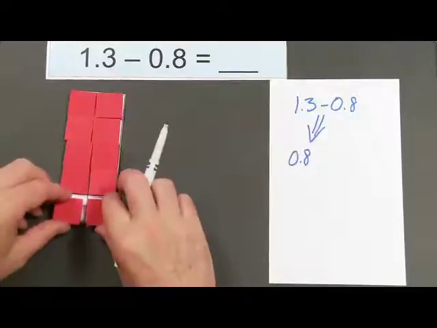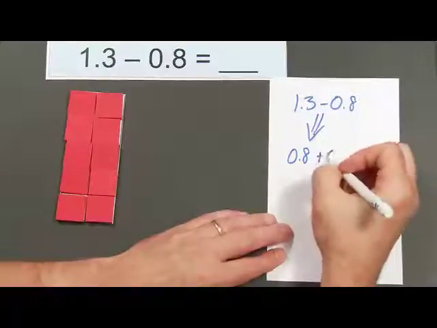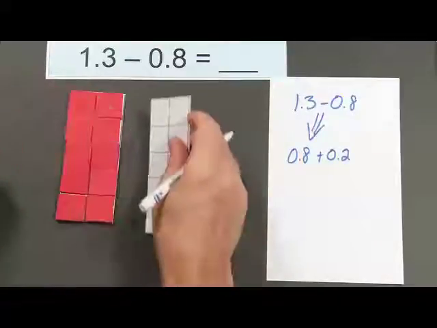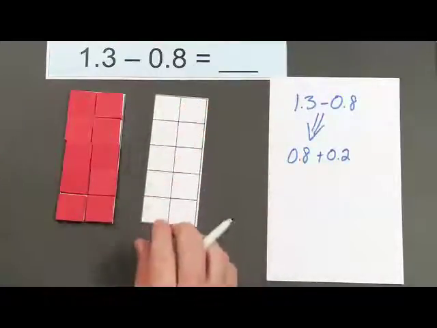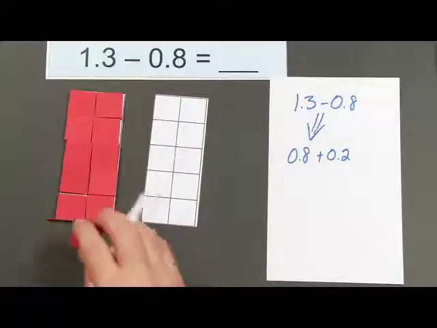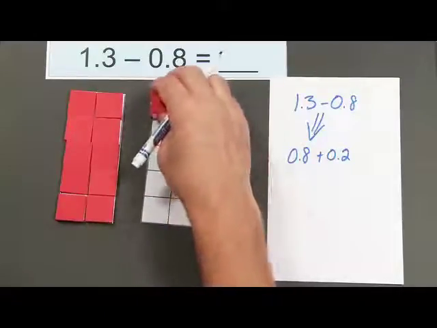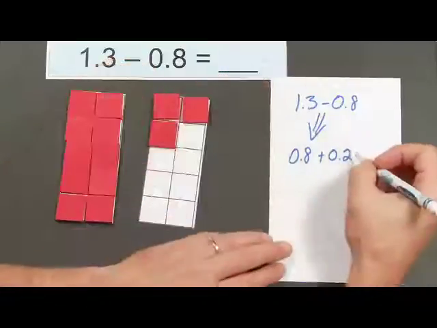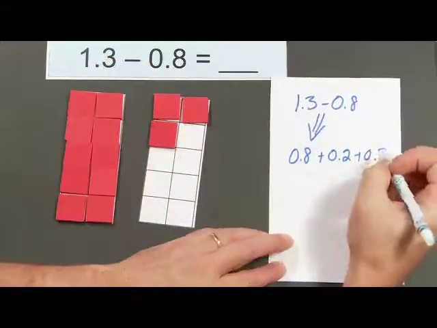Well, I can add another 2/10 here. That's going to take me to 1 whole. I just count up by tenths. 1 whole, add 1 more tenth, 2 more tenths, 3 more tenths. See how I do that?